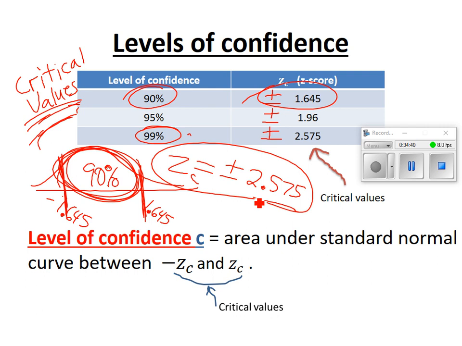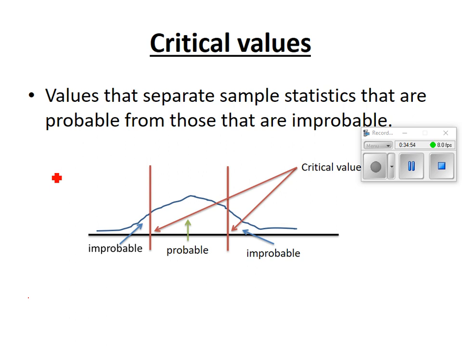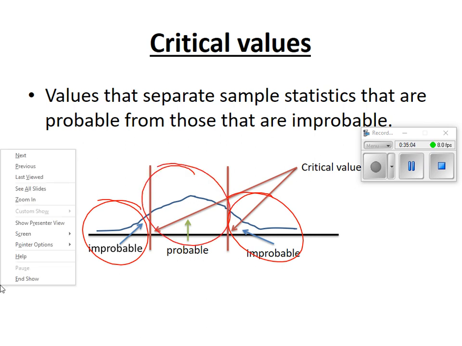Again, you're using this one, not this one over here, that's for something different. We're going to talk about it in other chapters. They're sort of the same thing, but just a little difference. So those are called your critical values. Stuff outside of it is improbable. Stuff inside is what we think is probable for our prediction.